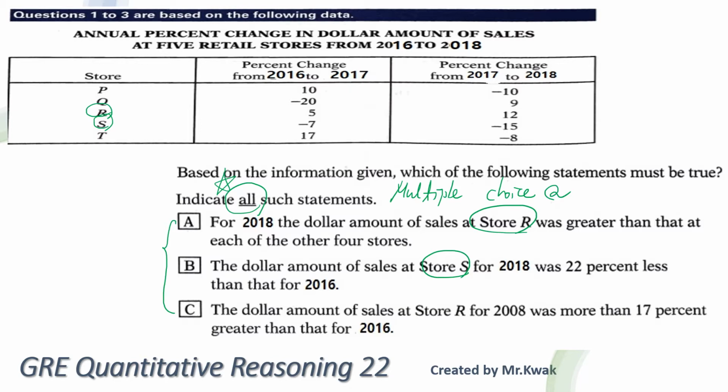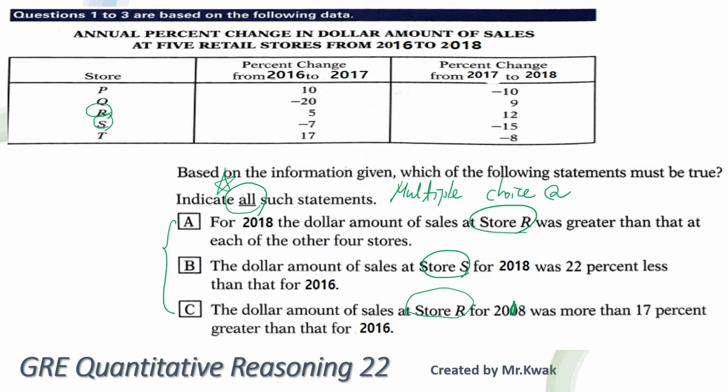C, the dollar amount of sales at store R for 2018 was more than 17% greater than that for 2016. So choices A, B, C, they are asking a lot.